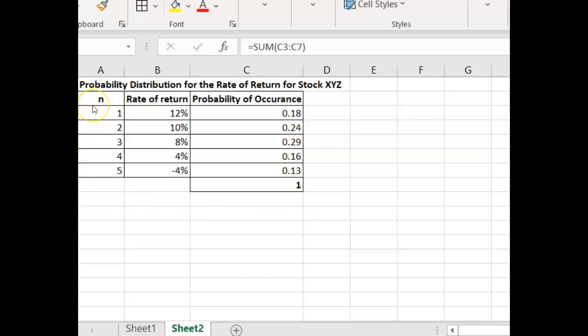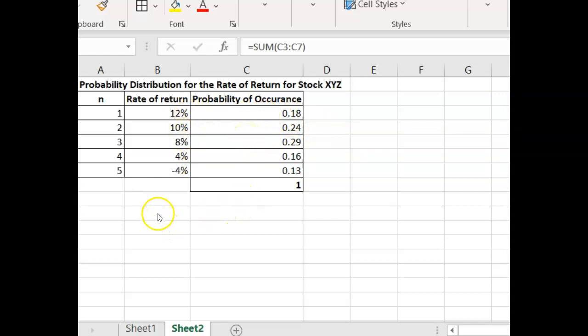N represents the possible values that the return can take. N number 1 means that the return for stock XYZ is 12%, whereas N number 5 means that you don't have a positive return. In fact, you make a loss of -4%. And then there are the probabilities associated with each of these returns.